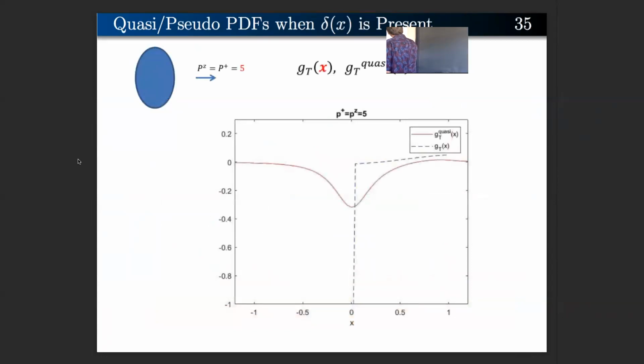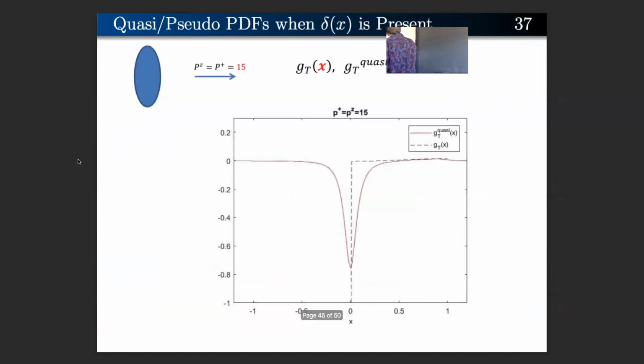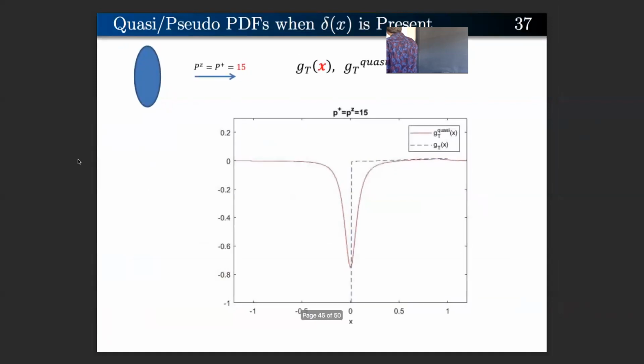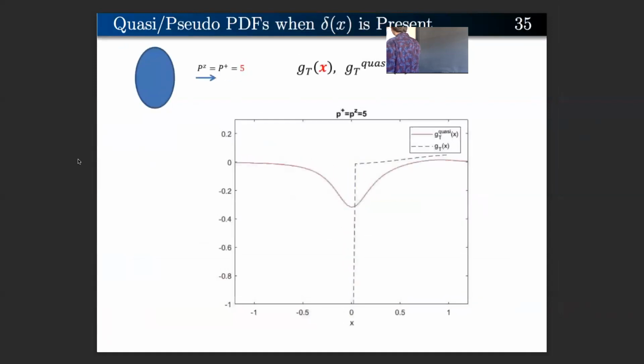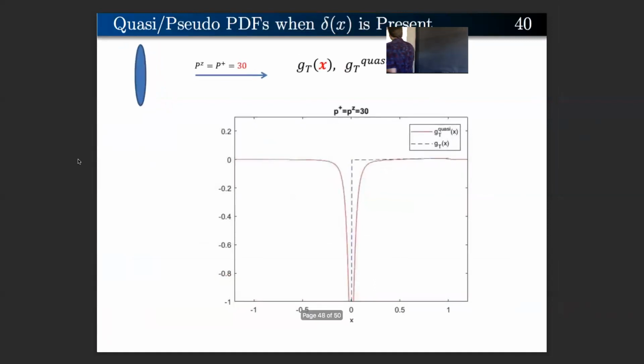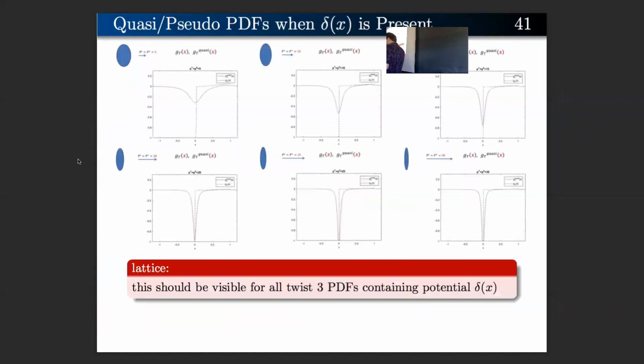This part here, if you boost to infinite momentum, asymptotically approaches the light-front calculation. But then you have a component right here that doesn't scale. And because it doesn't scale, it gets squeezed to the region around x equal to 0, simply because you're expressing momenta in terms of fractions of the overall momentum.